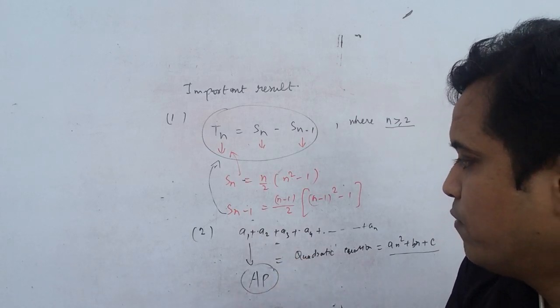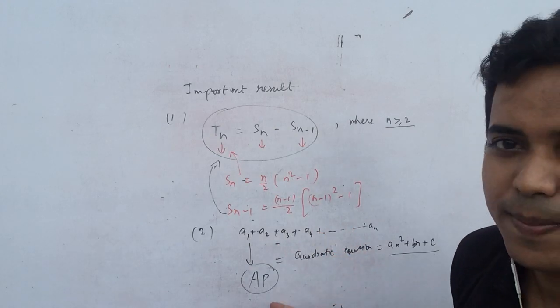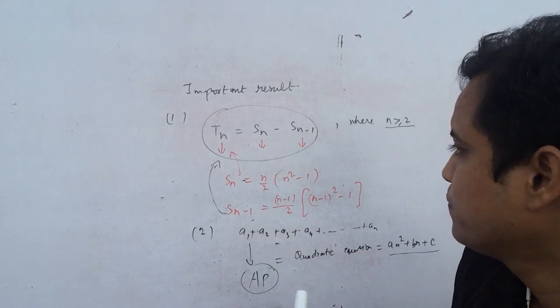If you find the sum of a sequence as a quadratic expression, then it would be in AP.